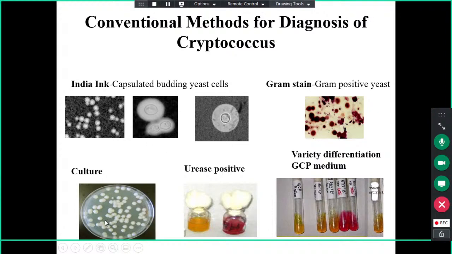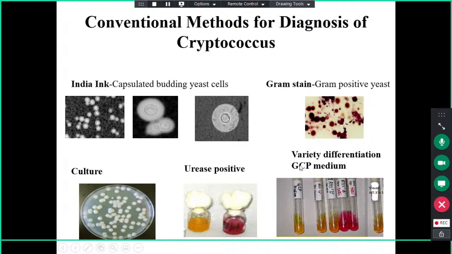Negative staining. Culture is important, because it is different from bacteria or other yeast: since it has got a capsule, it is mucoid. And one biochemical test, urease, is very rapid: when you inoculate, within maybe an hour you can see urease production, so it gives rapid urease positivity in the culture.